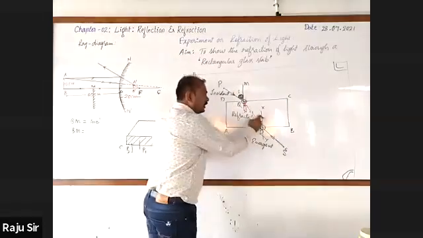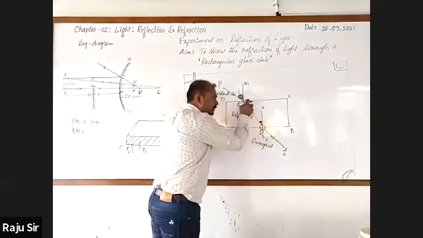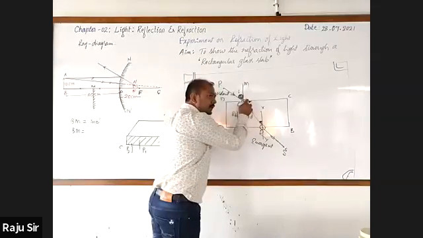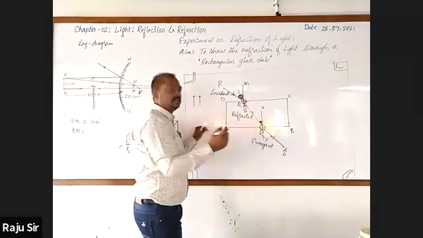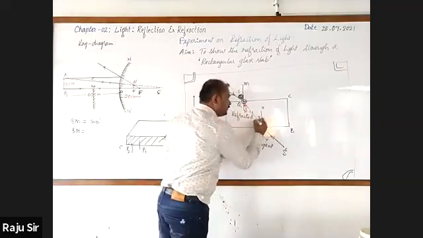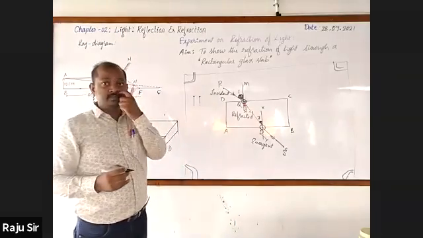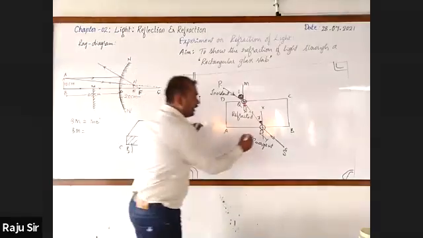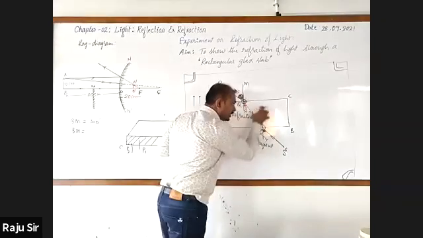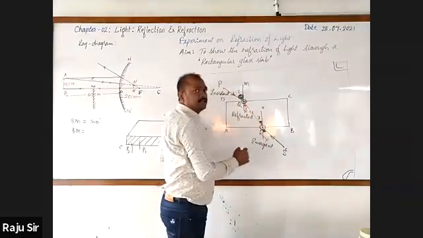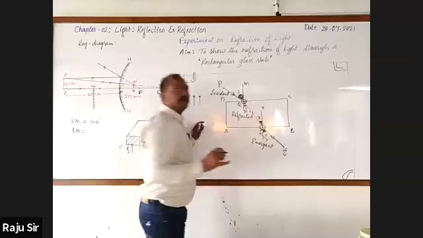Next, at this point, this is the angle formed by the refracted ray and the normal drawn at the point of emergence. It is called the angle of refraction and is denoted as small r. And one more angle is formed by the emergent ray: the angle of emergence.